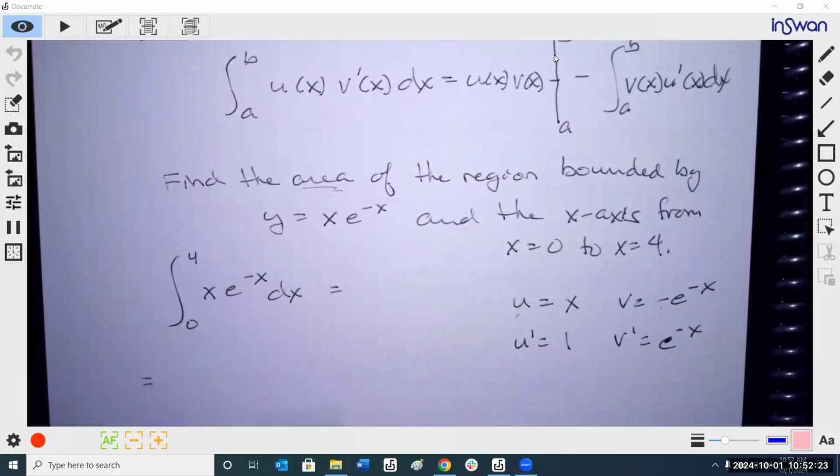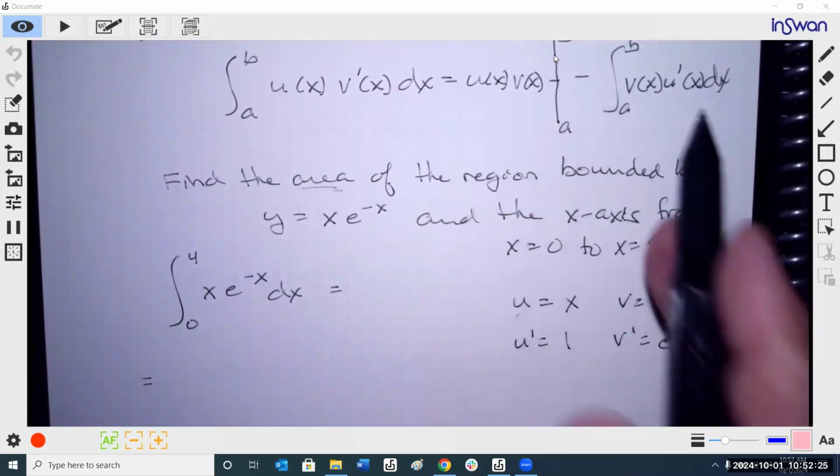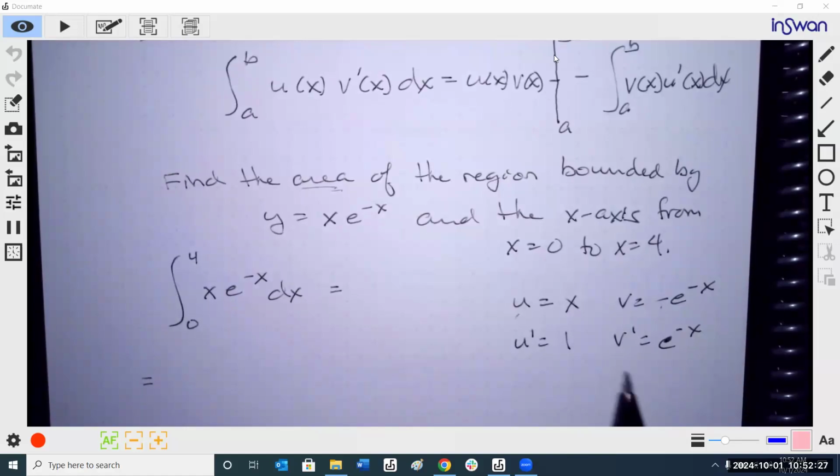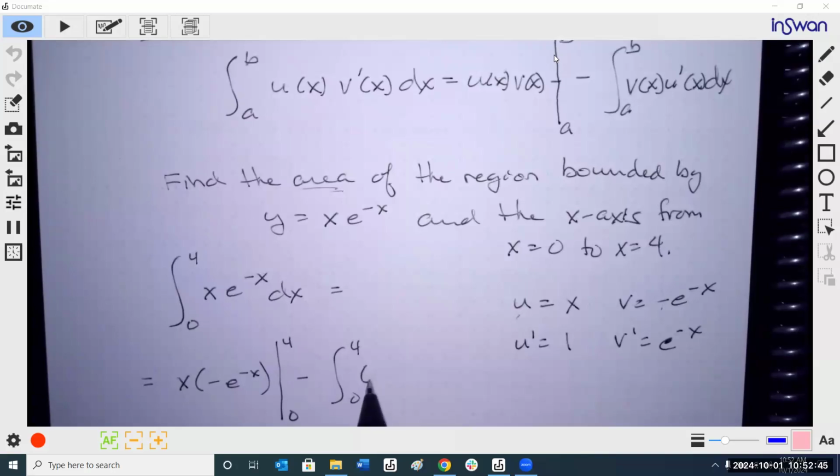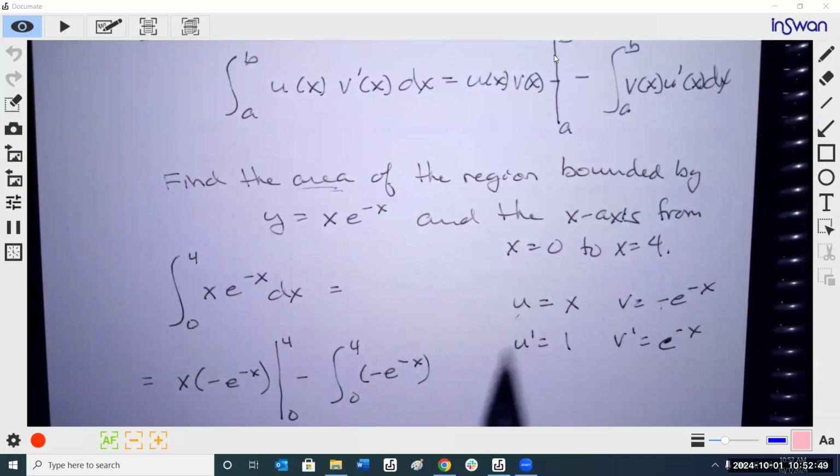So once we have these, we can plug them in there. We have x times negative e to the power negative x from 0 to 4, minus the integral from 0 to 4 of negative e to the negative x times 1 dx.